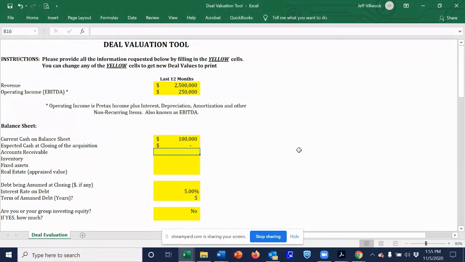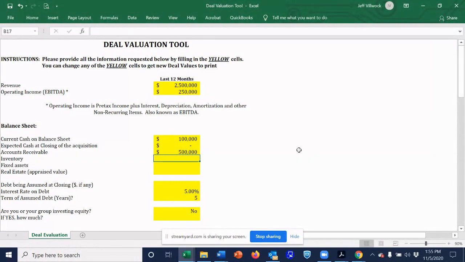We need to know what assets the business has on which you can borrow some money. Because again, we're trying to borrow every dime of this transaction. That's the idea. No cash down. So let's say the receivables in this case is $500,000.